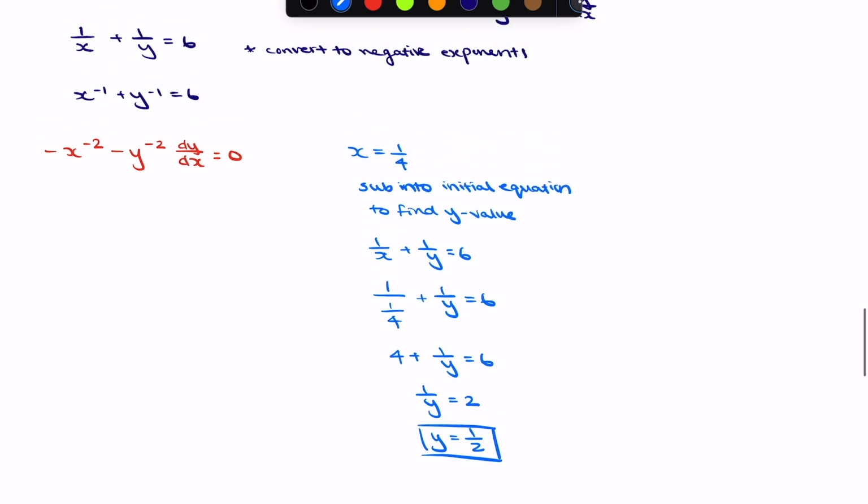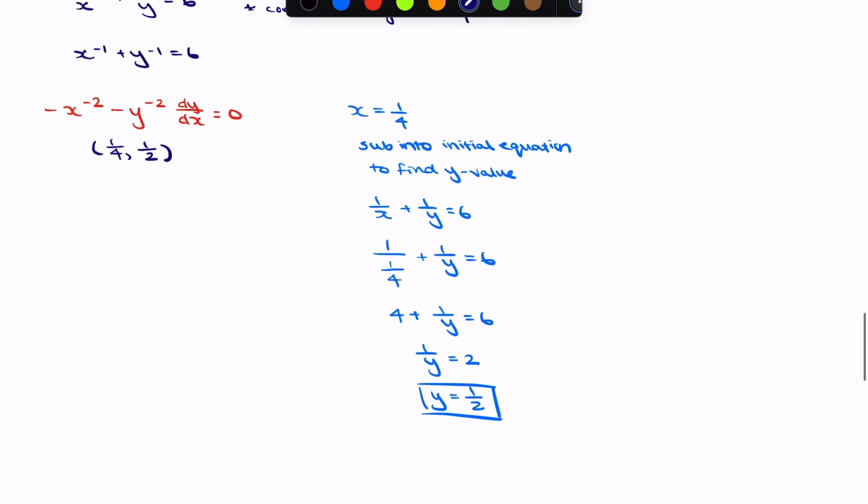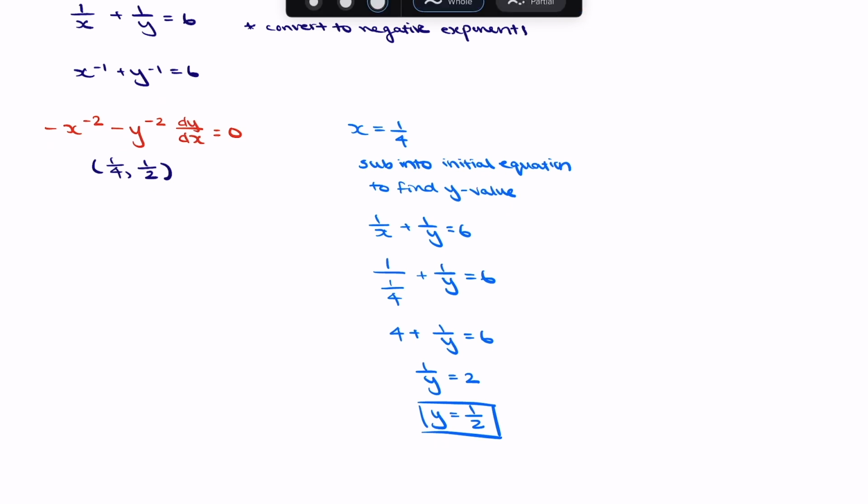So we know that here y is equal to 1 over 2, and we have a point 1 over 4 and 1 over 2. And so sub that back into our differentiated equation. So here we have negative 1 over 4 to the power of negative 2 minus 1 over 2 to the power of negative 2 dy over dx is equal to 0.